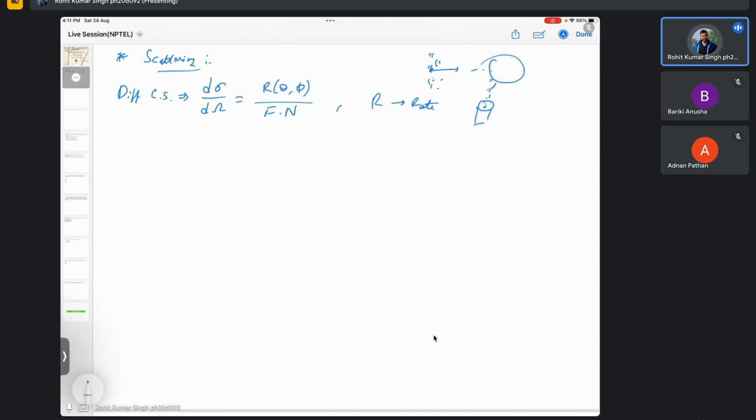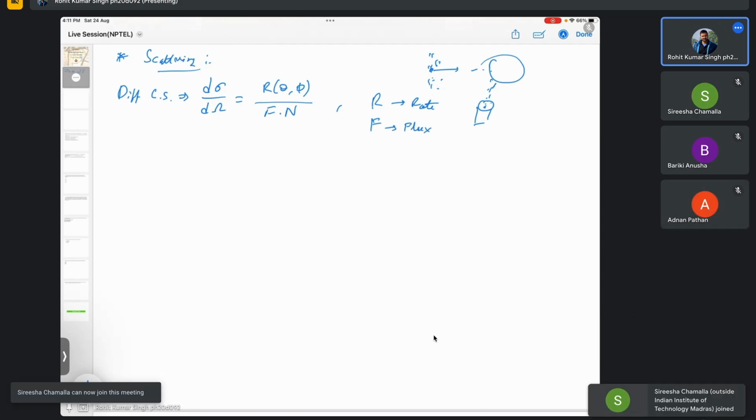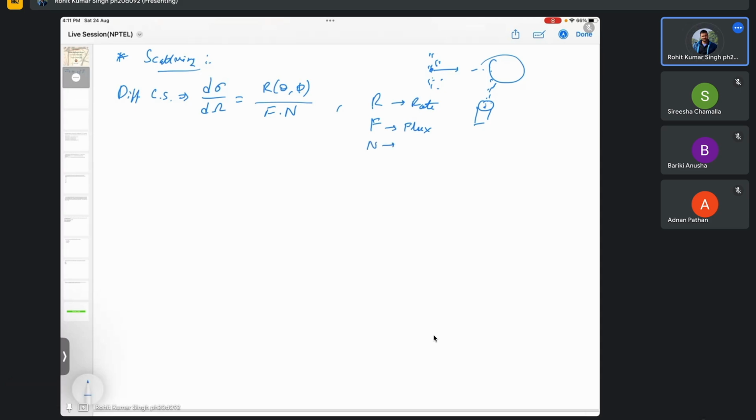So this will be the rate of detected particles at that point. And F is the flux of incident particles, the number of particles incident per unit area per unit time, and N is the number density of the target.